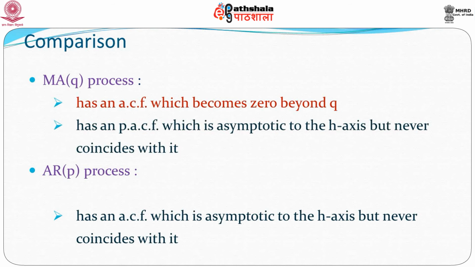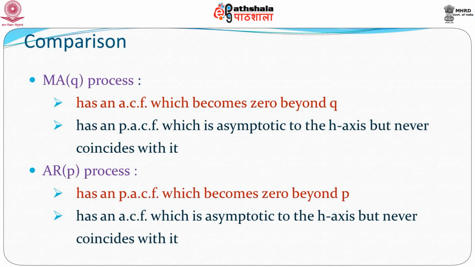On the other hand, for an MA(q) process, the PACF is asymptotic to the h axis, but never coincides with it. So, if you look at the PACF, you cannot identify the order. For the AR(p), however, the PACF becomes 0 beyond p. So, it can be identified from the PACF graph.